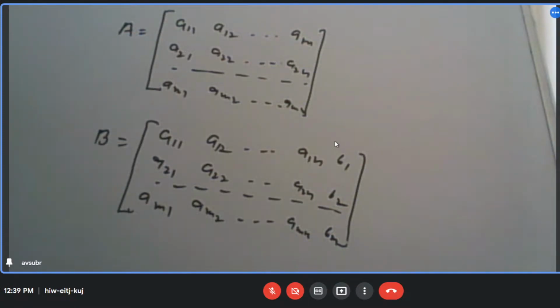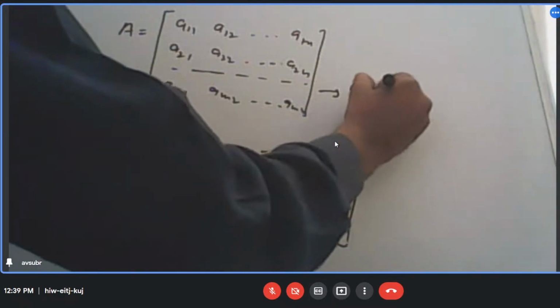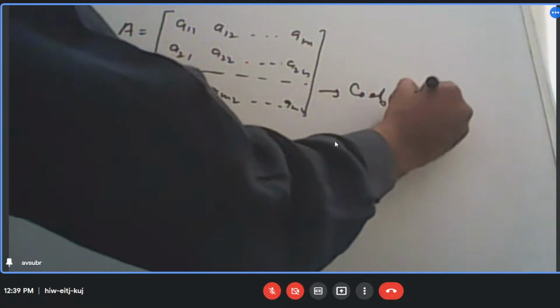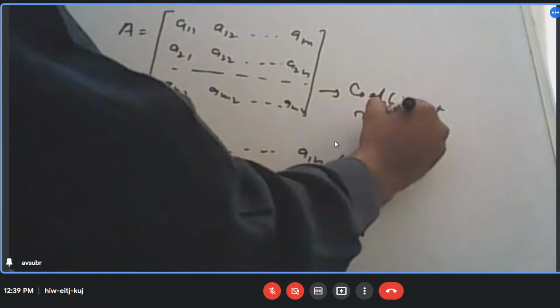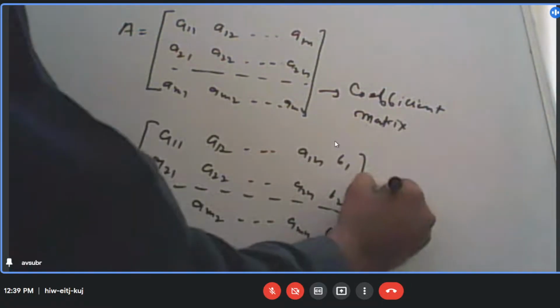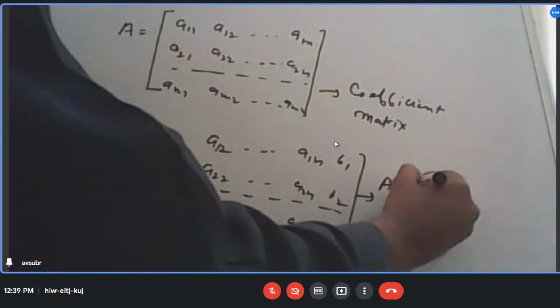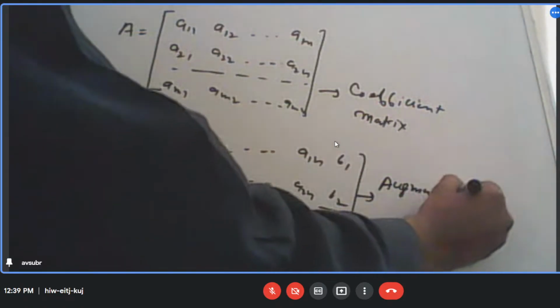Now just see that A is a submatrix of B, isn't it? Yes, sir. A is a submatrix of B. This matrix is known as the coefficient matrix. And this matrix is known as the augmented matrix.